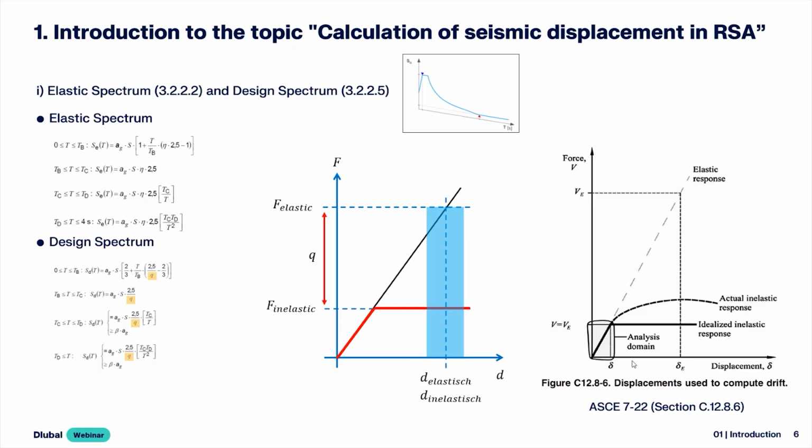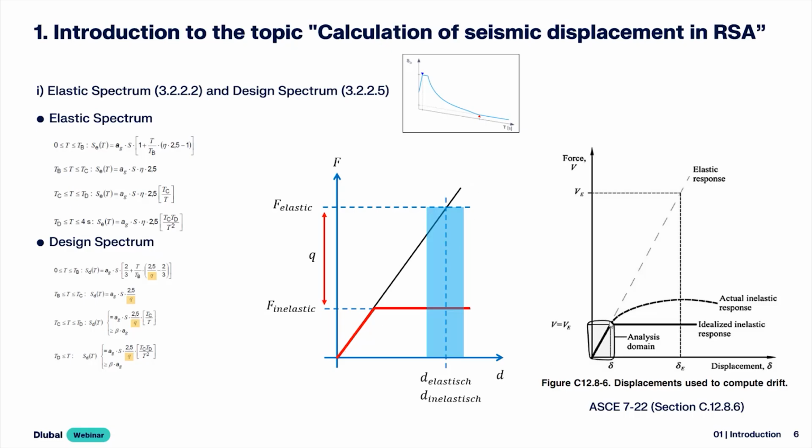I'm going to show here the curve of this concept for the ASCE 7, the base norm from the United States, which is the source for all these seismic analyses. So it's almost the same graph.